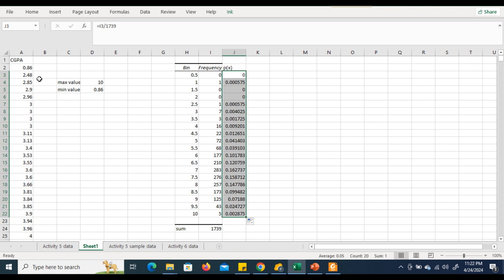If we are assuming that the population follows a normal distribution, then how do we calculate the probability on the basis of the normal distribution here?